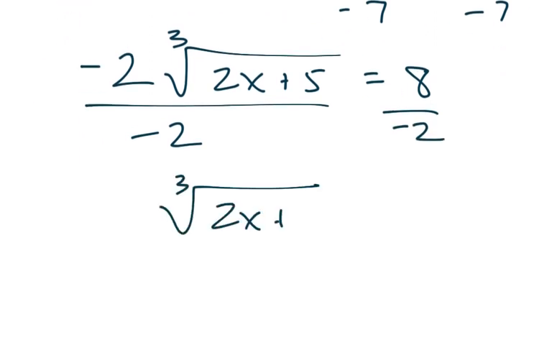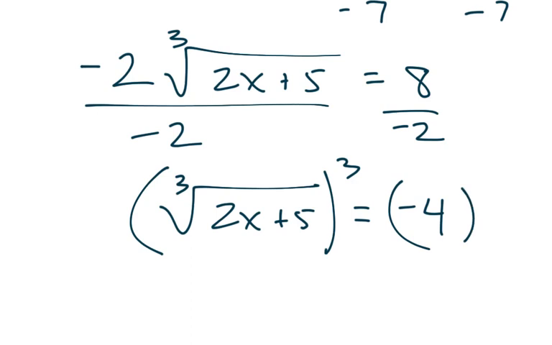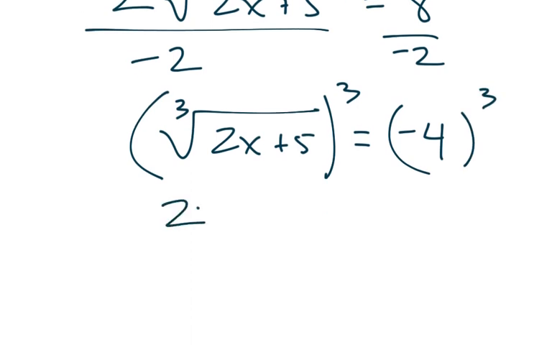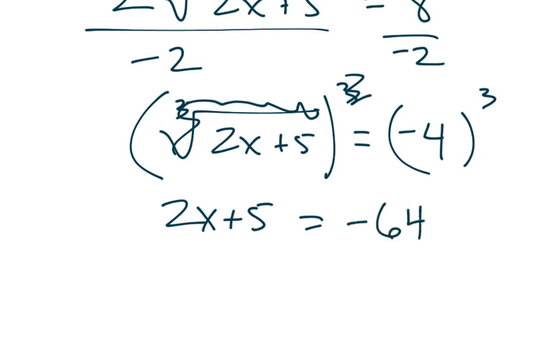The cube root of 2x plus 5 equals negative 4. How do we cancel out a cube root? We cube. All right? So then we're going to have just the 2x plus 5, because this canceled out that, equals, what's negative 4 cubed? Negative 4 times negative 4 is 16, times negative 4 is negative 64. Then we will subtract 5.